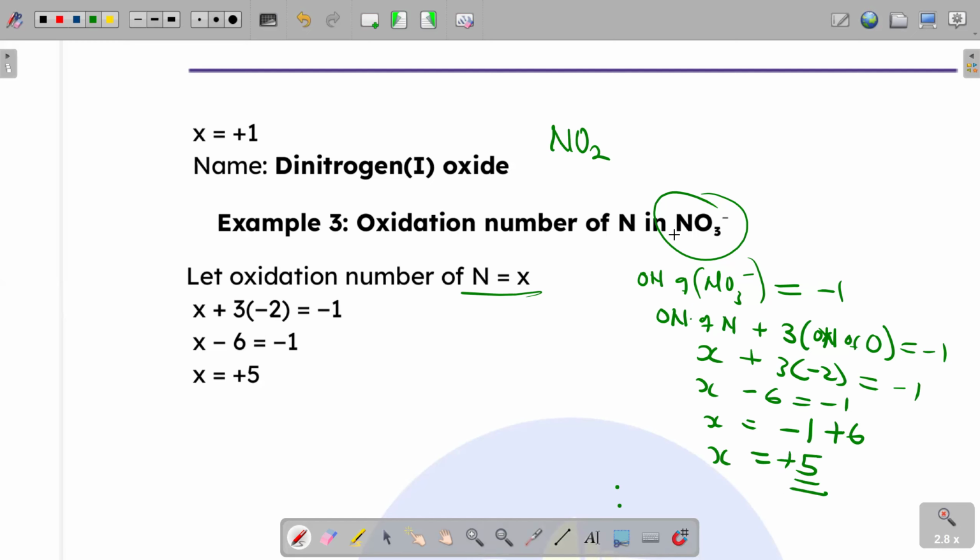That's why this species is called trioxonitrate 5 ion. The 5 that we indicated here is the oxidation state of that nitrogen, and the tri is because there are 3 oxygen in this species.